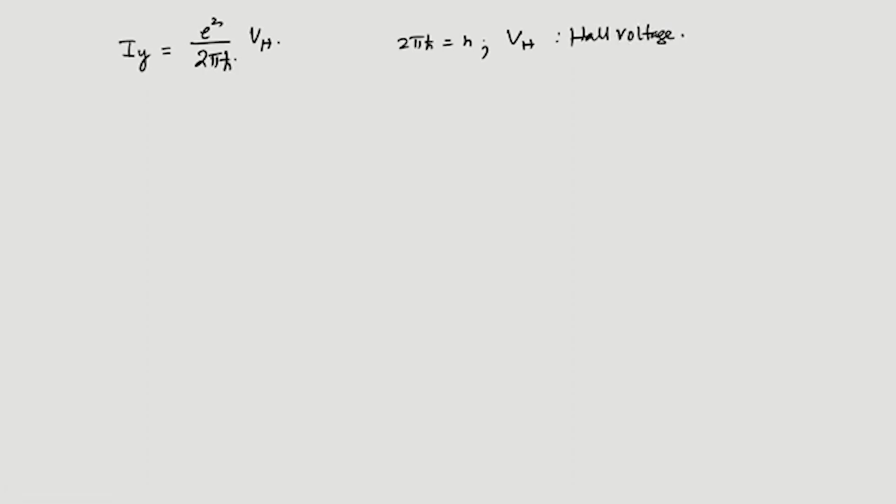Then if you get this, sigma xy, which is the Hall conductivity, or you can talk about the Hall resistivity, which is the inverse of that, this is equal to Iy by VH, or in other words rho xy, which is equal to VH by Iy, which gives you h over e square.